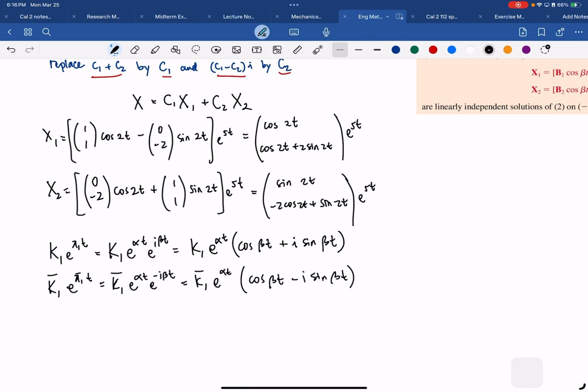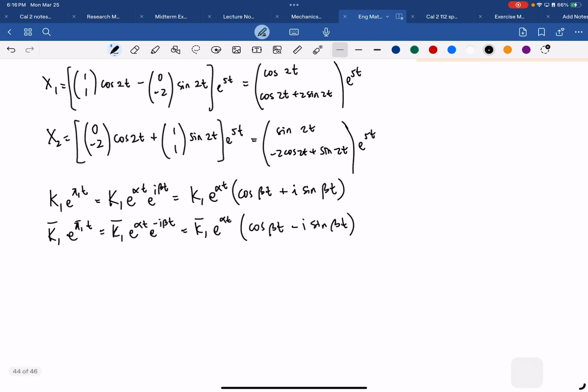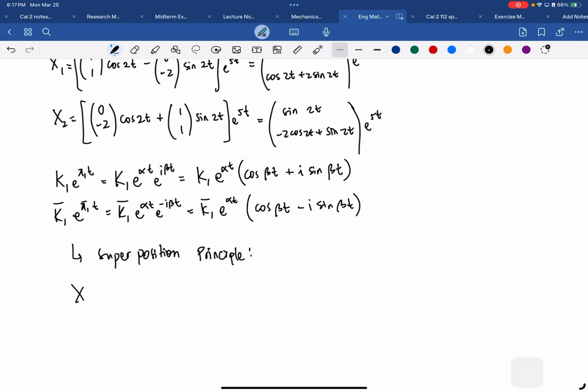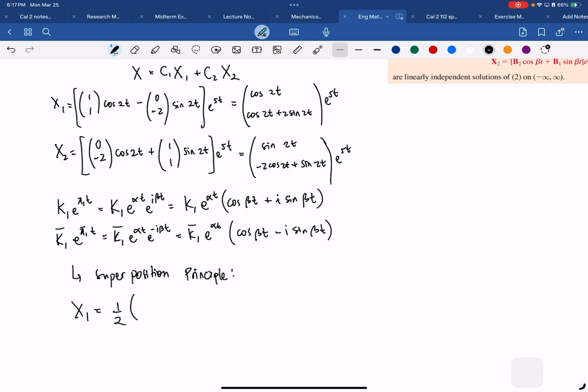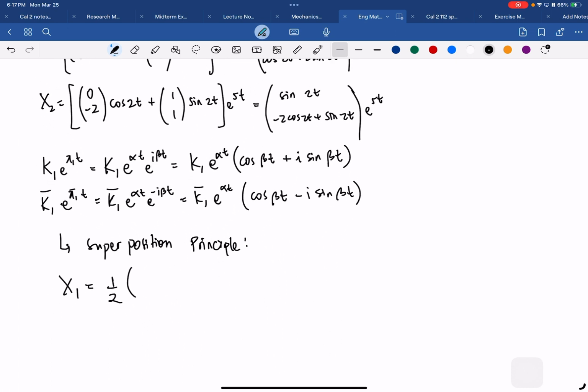And then we are taking the superposition principle. Then we can have x1 will be half K1 e^(lambda 1 t), plus K1 conjugate e^(conjugate lambda t).